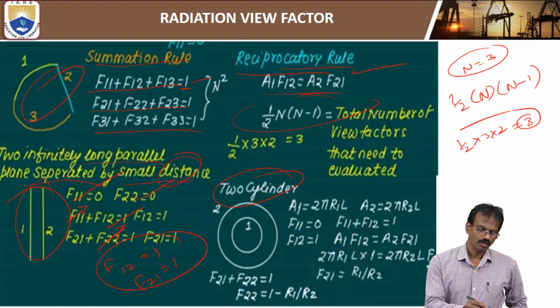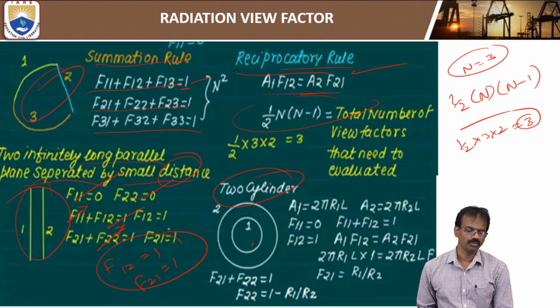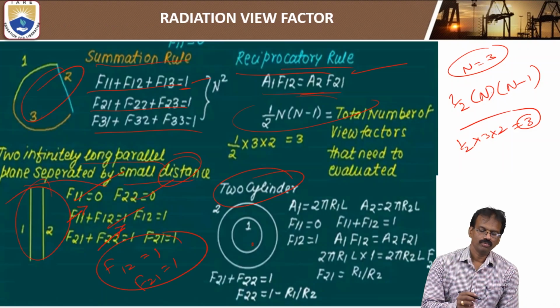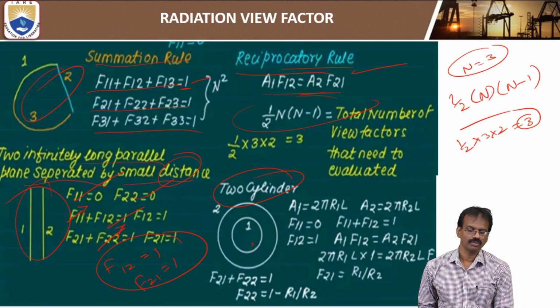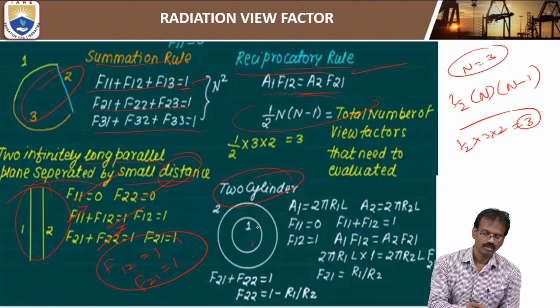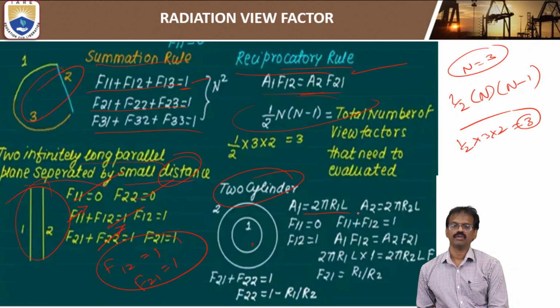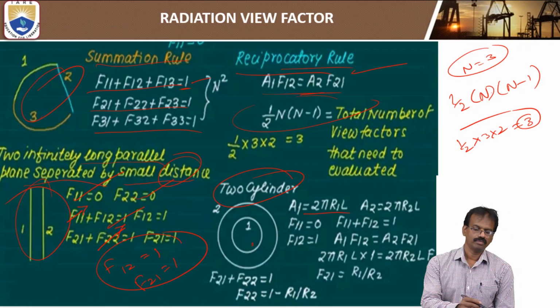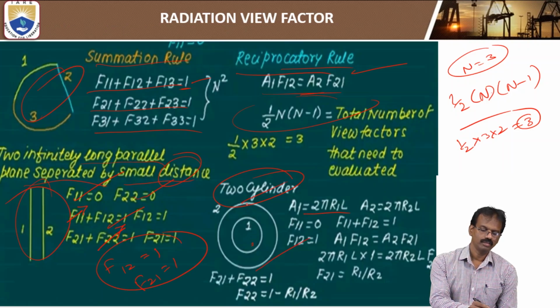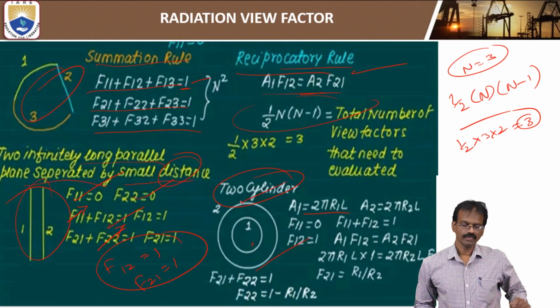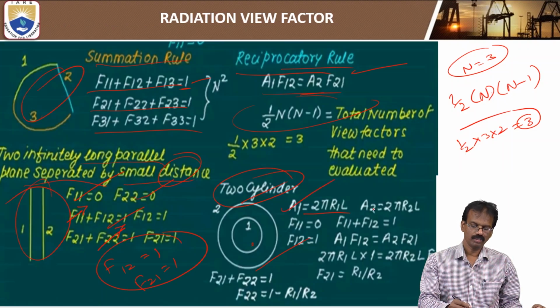Body 1 is enclosed by body 2. So here we can use the reciprocating rule. Area of the first body, that is the first surface, A1 is equal to 2 pi R1 L. Suppose one cylinder is enclosed by another cylinder: area of the first cylinder, area of the second cylinder.